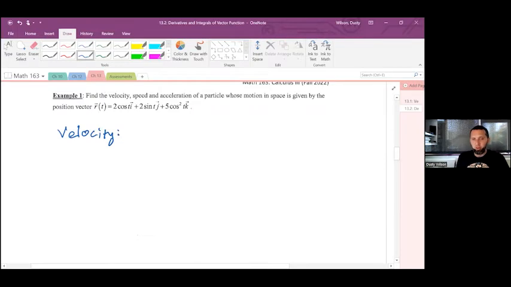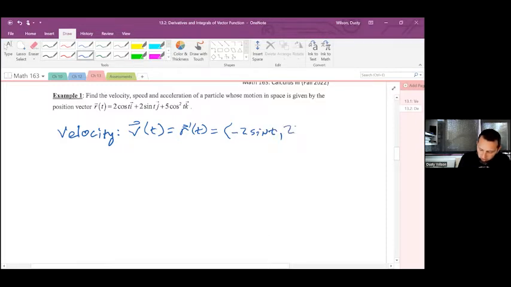Using what we remember from calculus 1, we can expect that the velocity vector is simply going to be equal to r prime of t, which would be, in this case, negative 2 sine t, 2 cosine t, and negative 10 cosine t sine t. That's our velocity function.